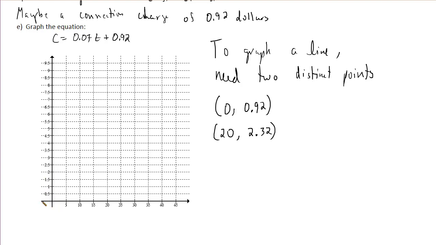So 0.92 is going to be about here, I suppose. And then 20, 2.32. There's 2, and there's 2.5, so 2.32 might be about here. And so then just trying to draw the line through those points, and maybe I have something like that. And so there's the line through those points.